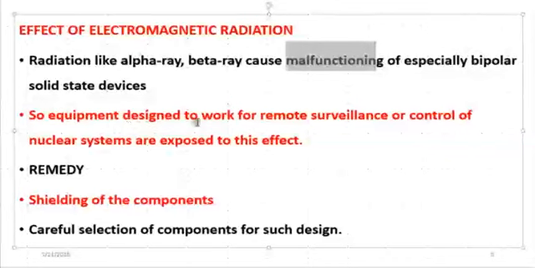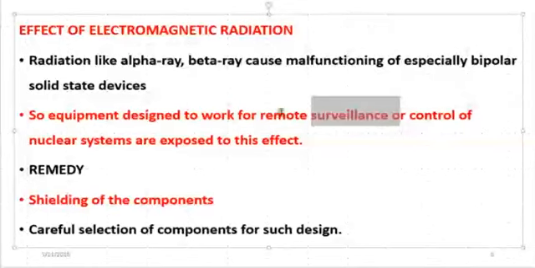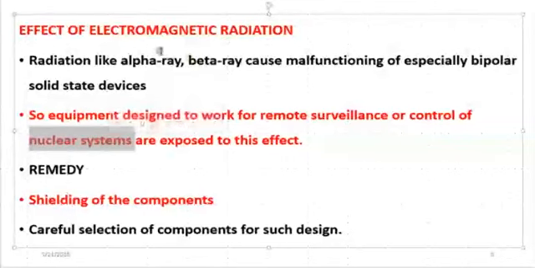Also, the equipment that is designed to work for remote surveillance, that is, the ones that operate in deep space, they are existing in the pre-atmosphere, where these alpha rays, gamma rays, the beta rays, all of them exist. And also the devices that are used for controlling nuclear systems are exposed to this, because in any nuclear installation, we have alpha rays, beta rays, and all of them existing. So therefore, whenever you have a component, either for surveillance or for nuclear system control, it is exposed to them. And as we have seen, they can cause malfunctioning of the devices, especially if they are bipolar in nature.